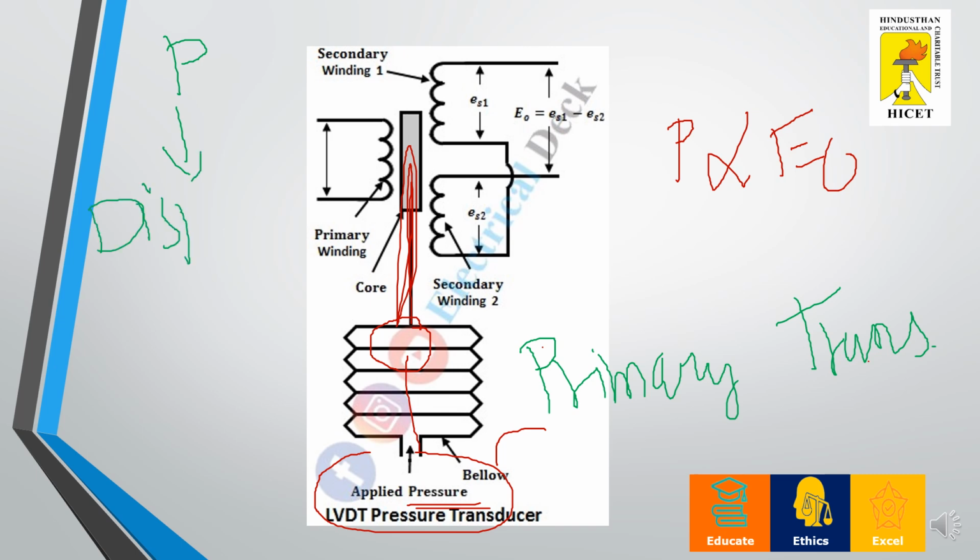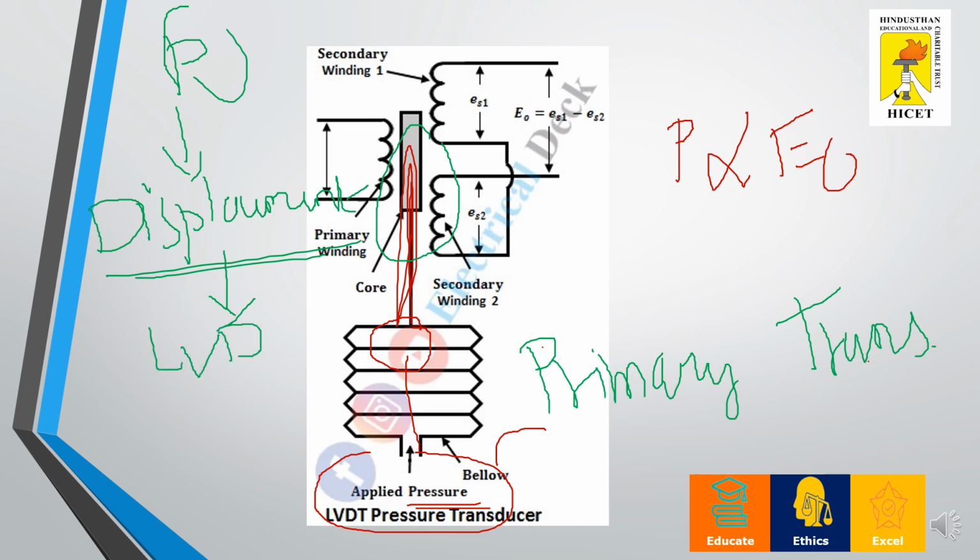How is this converted into displacement? The bellow tube is connected to the magnetic core of the LVDT, and the displacement of this magnetic core takes place based on the pressure I apply to the bellow tube. Once the pressure is converted into displacement, I go with the concept of LVDT, and this LVDT is called the secondary transducer. It is called secondary because it doesn't directly convert the pressure.